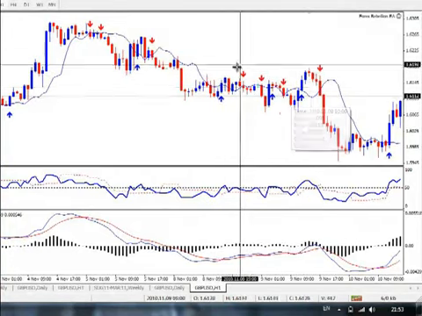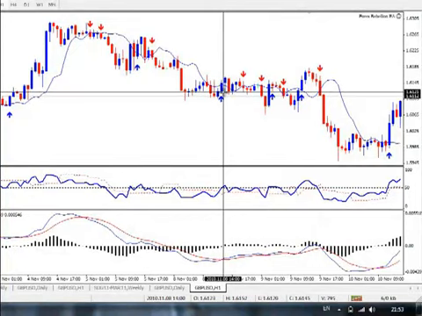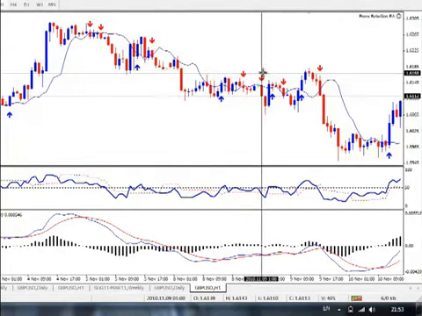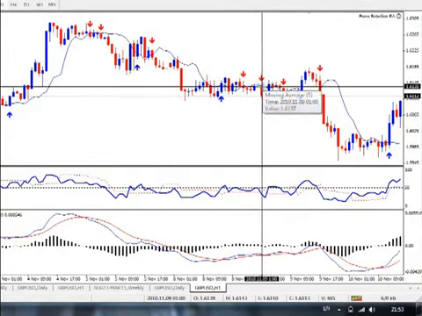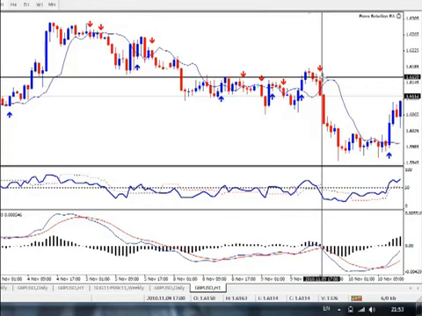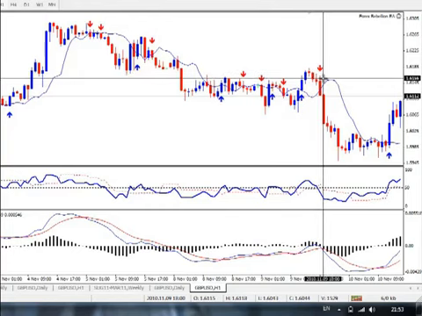From all these signals, you will have only one. This is not a signal, not a signal. Two. Not a signal, not a signal. Three. So from 7 alerts, you will have only 3. Two were profitable and one was a loss.